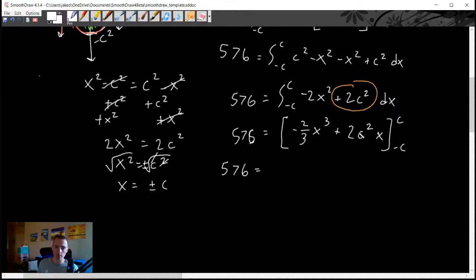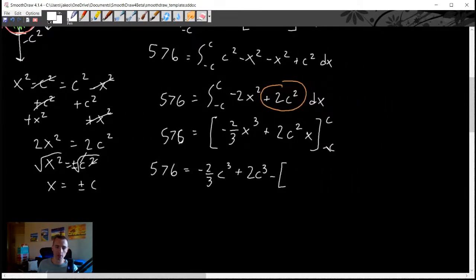So we will get, first plugging in c, negative 2/3 times c cubed plus 2 times c squared times c. c squared times c is just c cubed, so plus 2c cubed. And then minus, parentheses, plugging in our lower bound.